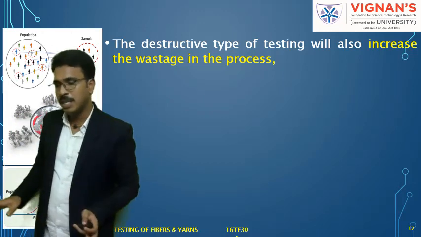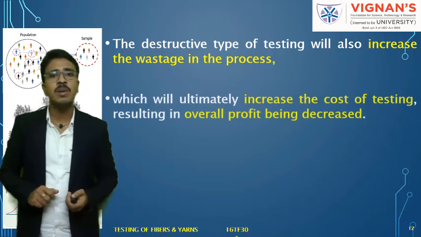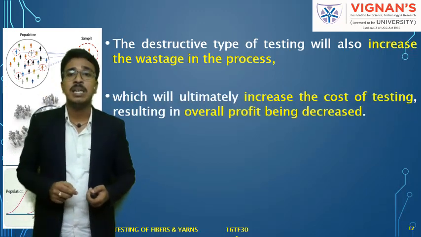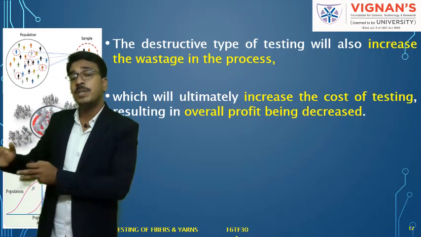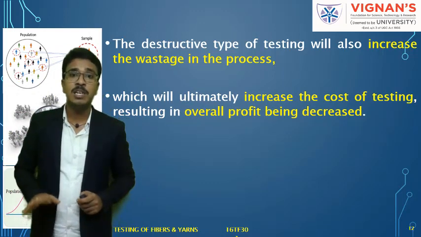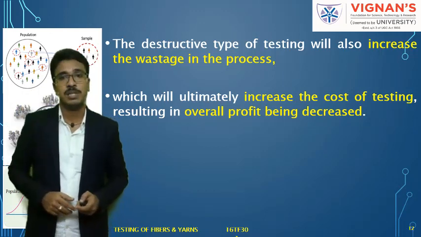Once the test is done, you can't use the product for the next purpose, which will ultimately increase the cost of testing, resulting in overall profit decreasing if you go for testing 100% of your products.